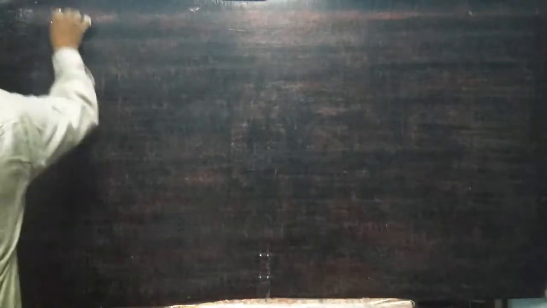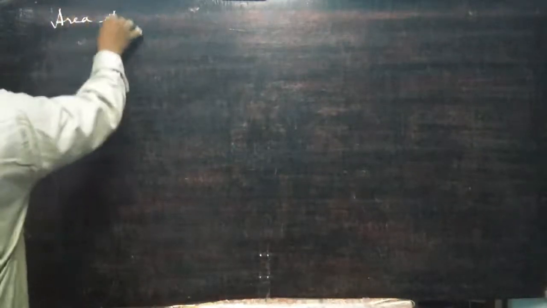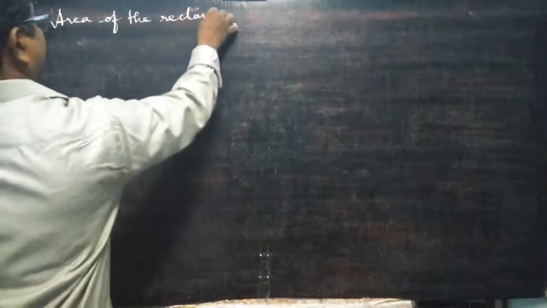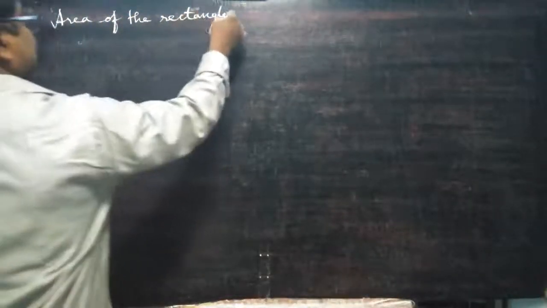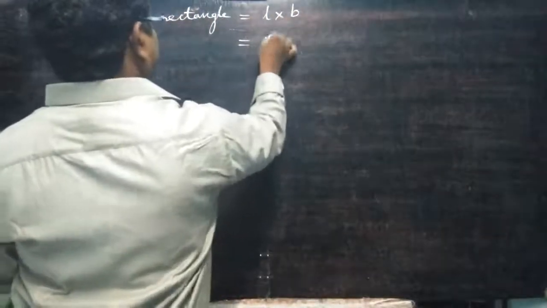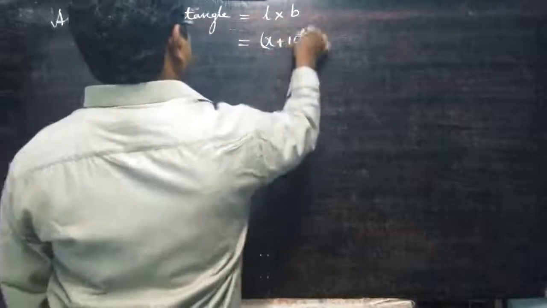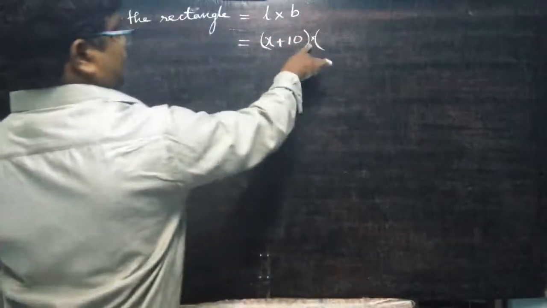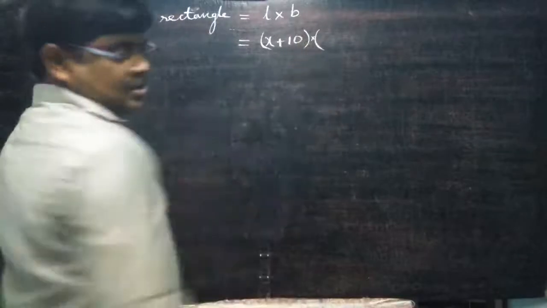Now, area of the rectangle, after changing the dimensions, is length into breadth. Length we got x plus 10, into, if you want to write "into", or if you don't want, no problem. Bracket indicates only multiplication.